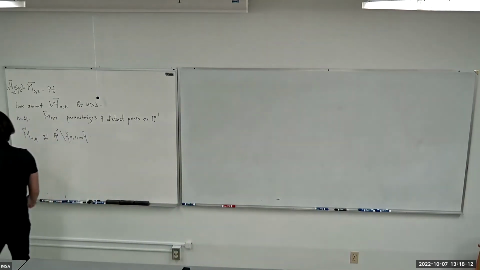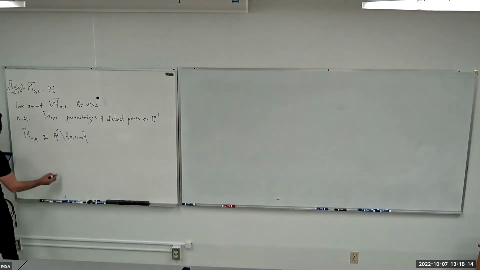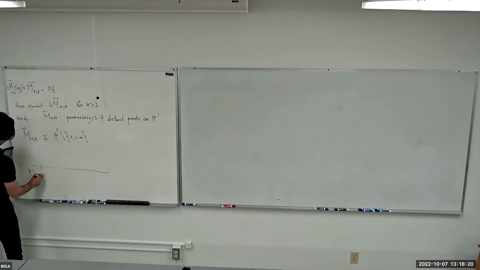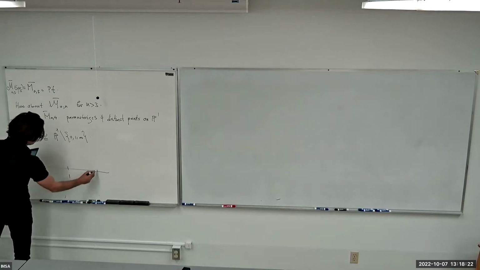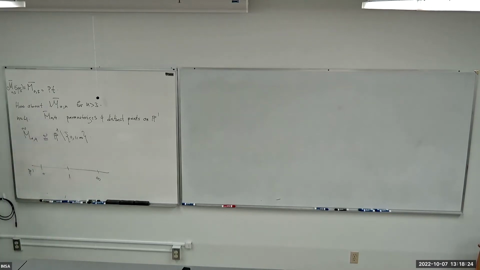So, okay, how is that? So this is how it is. Let's say this is the P1, and then you have the 0 point, the 1 point, and the infinity point. Okay? So your moduli space would have configurations of 4 distinct points, right?